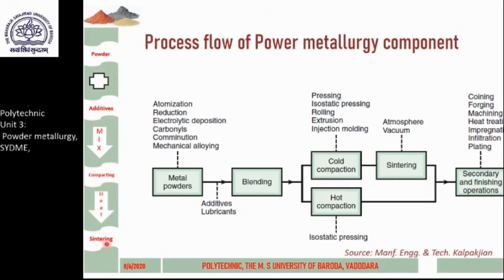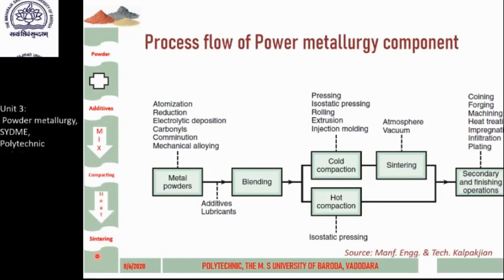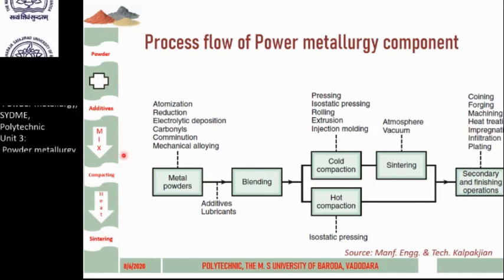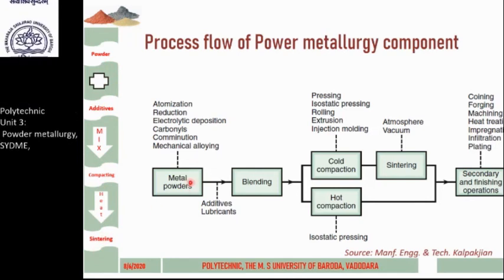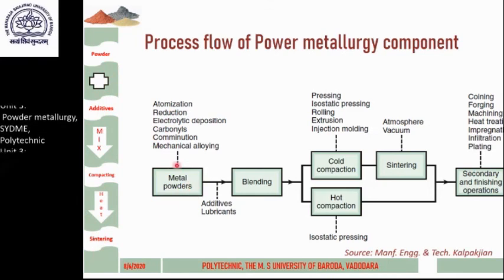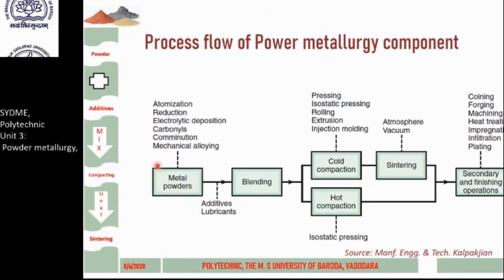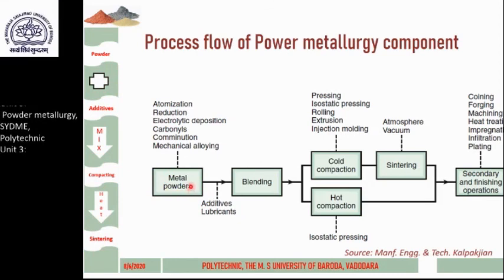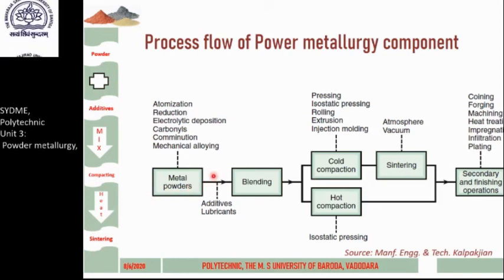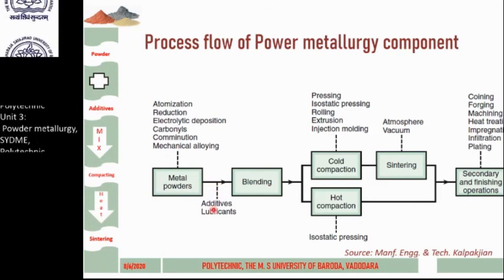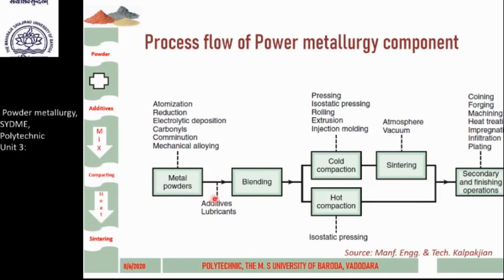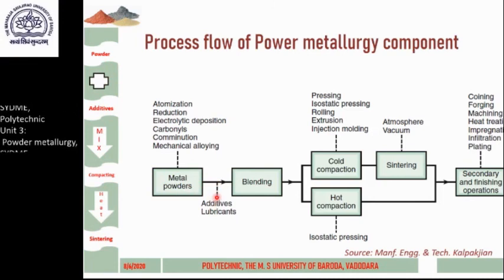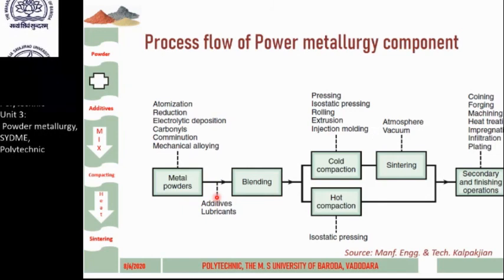So what are these things? First we have powders, metal powders that are used. What are the different metal powders that we will see? Then we have to add some lubricants or additives which will make them close together and bind them.